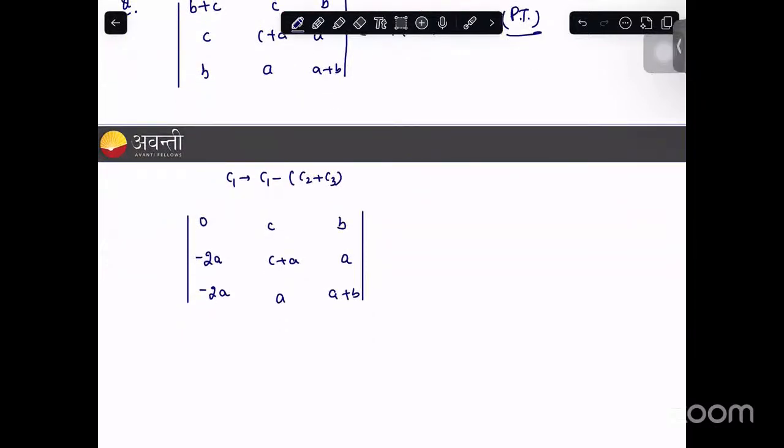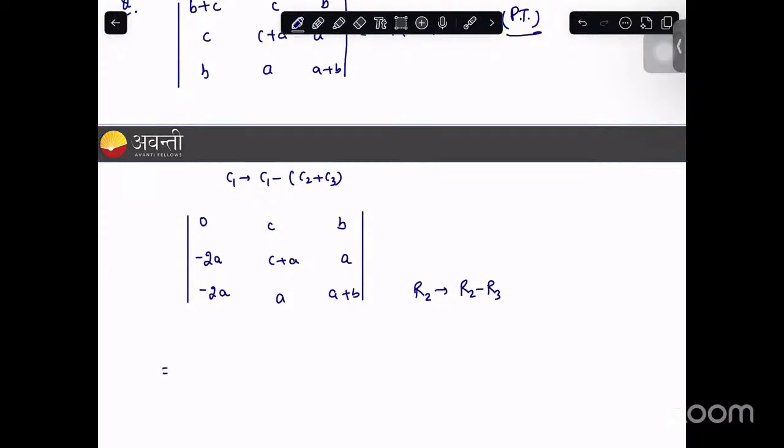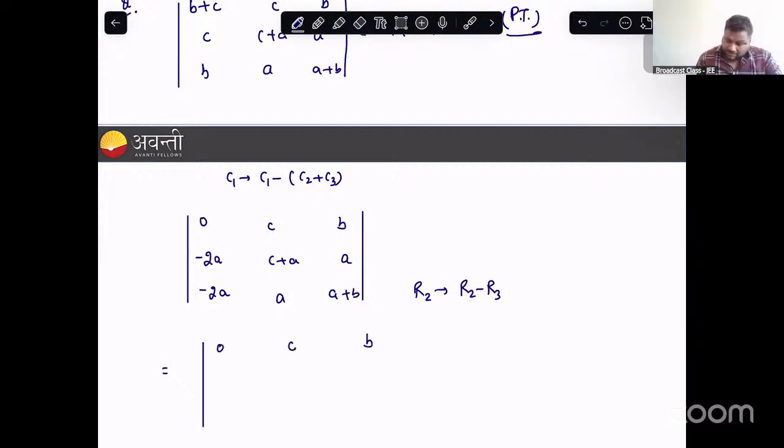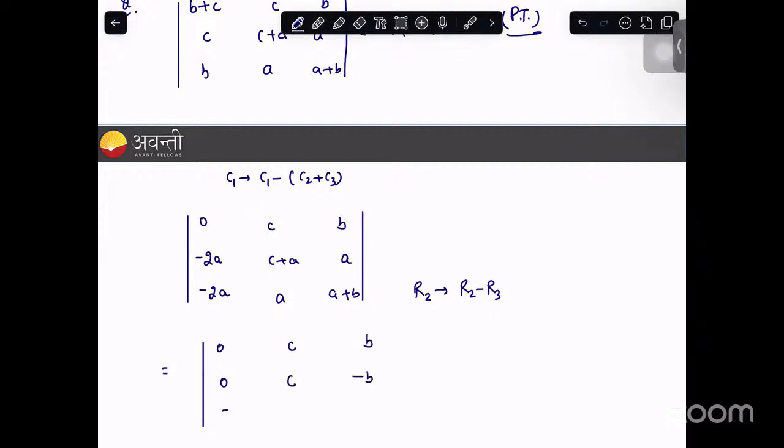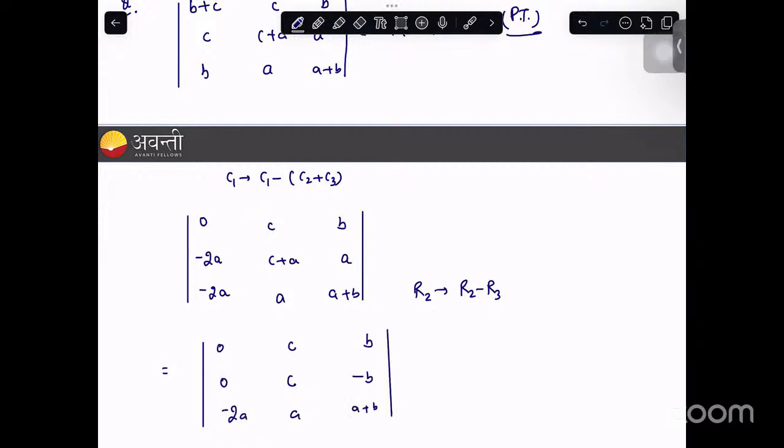Now, one more 0 if I get. So for that, I do R2, you can write R2 minus R3, so that the 2a minus 2a cancels. So it will be 0, C, B; 0, C minus B, and minus 2a, and A plus B. Correct?